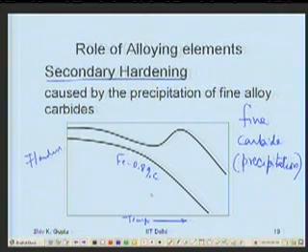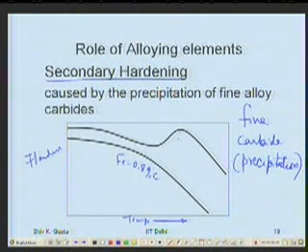Not always the second phase which comes out gives rise to precipitation. If it comes out much faster and coarser, then it's not precipitation. When it's very fine, carbon is diffusing slowly, carbides are forming, precipitation takes place, and that gives rise to increase in hardness. And as a result, you started with this hardness, and you have almost the same hardness after tempering.